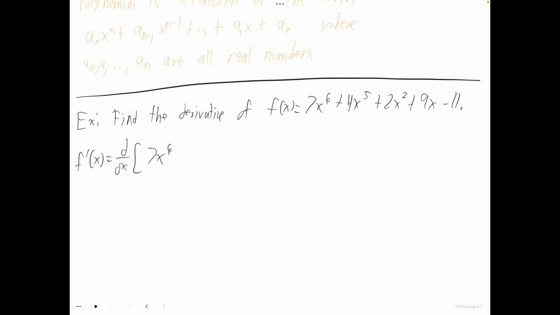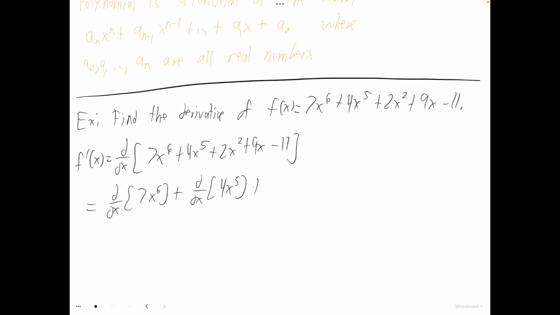So we have 7x to the 6th plus 4x to the 5th plus 2x squared plus 9x minus 11. And now we're going to break up over addition and subtraction. So this is the derivative of 7x to the 6th plus the derivative of 4x to the 5th plus the derivative of 2x squared plus the derivative of 9x minus the derivative of 11.